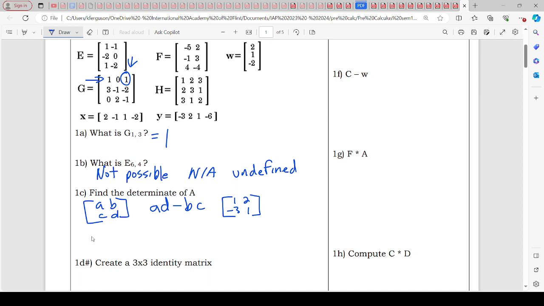So I'm going to take 1 times 1 minus 2 times the negative 3. 1 minus negative 6, or 1 plus 6. So the determinant for this one is 7.